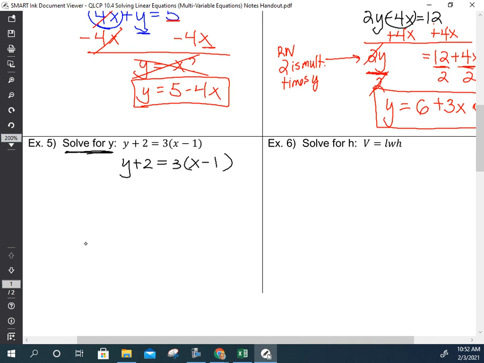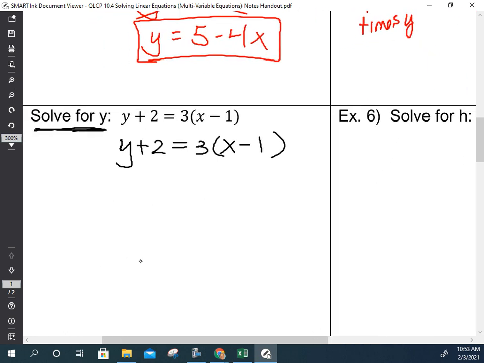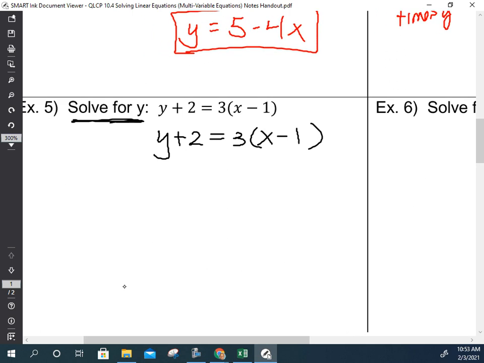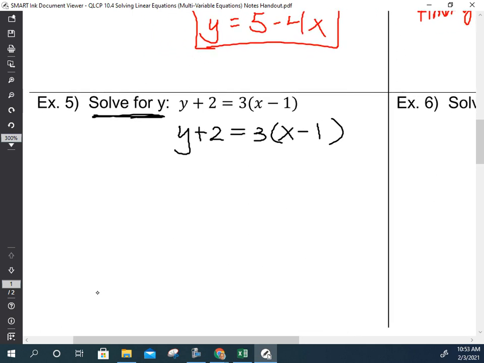Those aren't absolute values. Those are parentheses. So if we have parentheses, what are we going to do first? You're going to have to distribute.